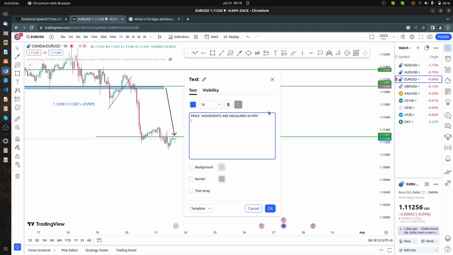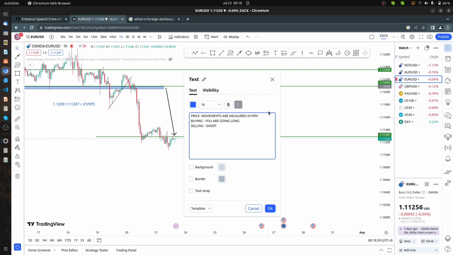Also, I want you to know that when the market is going up, let's just say when the market is buying, you are going long. When the market is selling, you are going short.